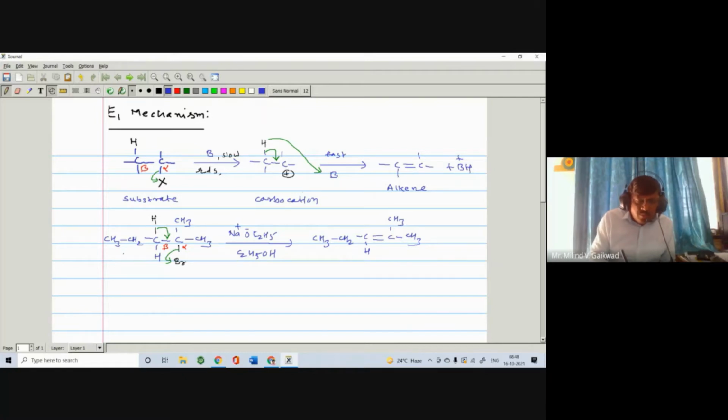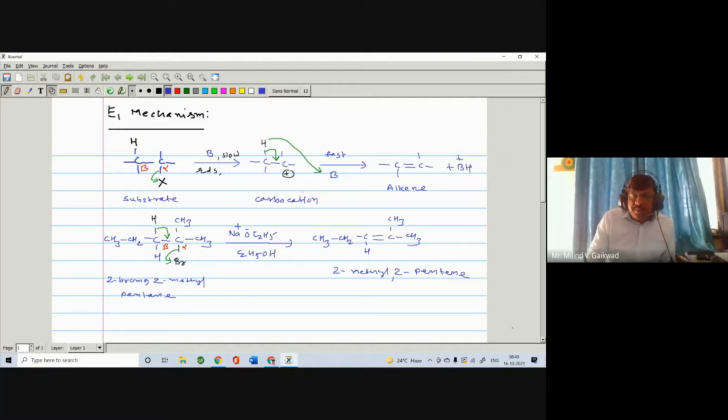So 2-bromo-2-methylpentane, and when it undergoes E1 elimination, then you get 2-methyl-2-pentene.